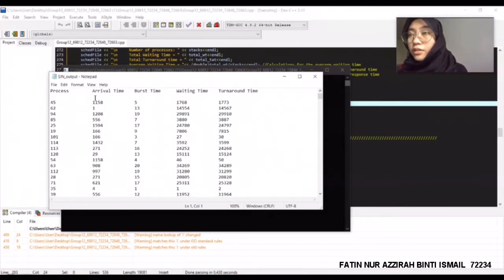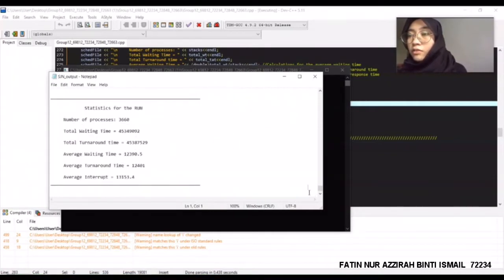It is organized according to process, arrival, burst time, waiting time, and turnaround time. So through this, we can know the number of processes, the total waiting time, total turnaround time, the average waiting time, the average turnaround time, and average interrupt. So this is all for the coding for shortest job next algorithm.